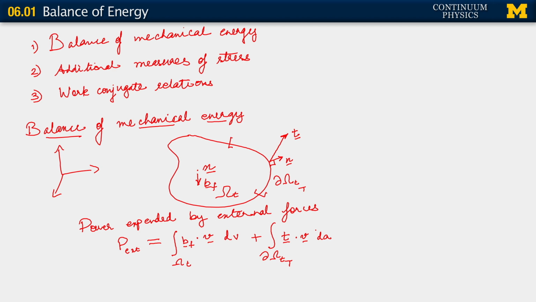Okay. So now let's go ahead and write out what we get from here by simply applying once again our Gauss divergence theorem. Okay. So what we do first is, of course, recall that T equals sigma n, right? And this is the Cauchy theorem. Okay.